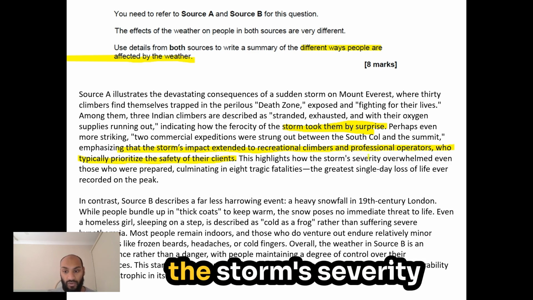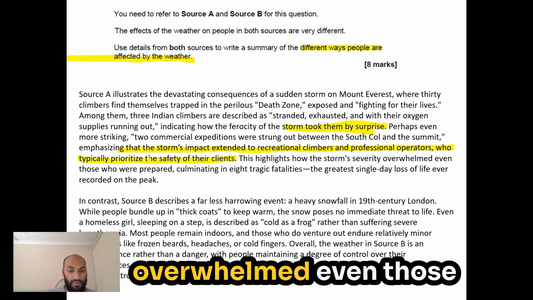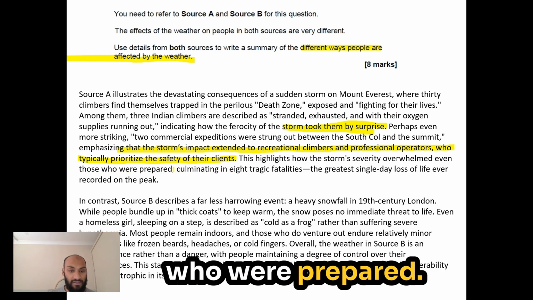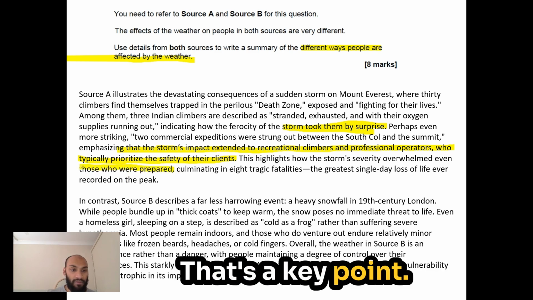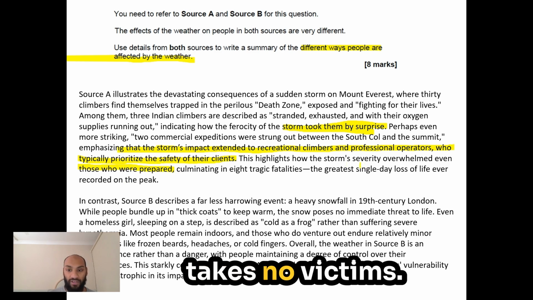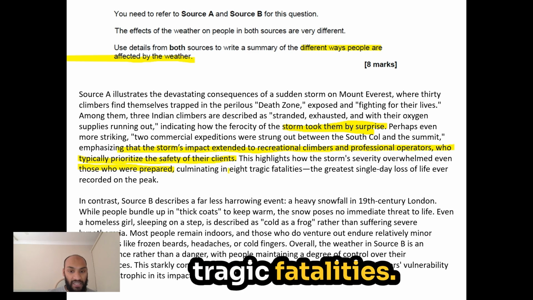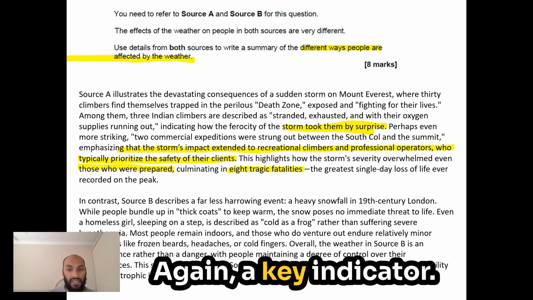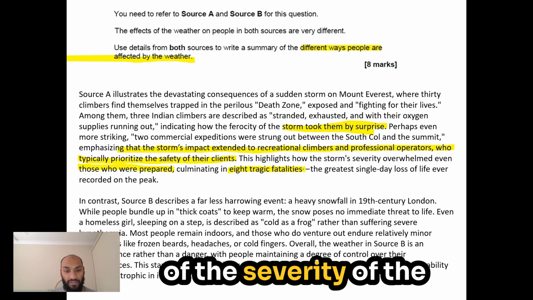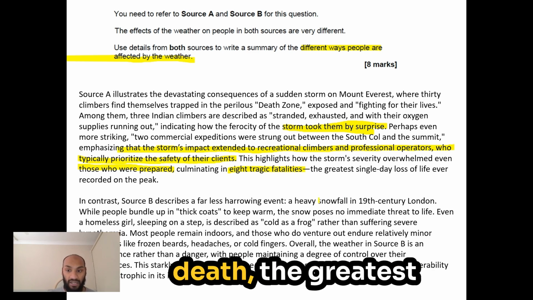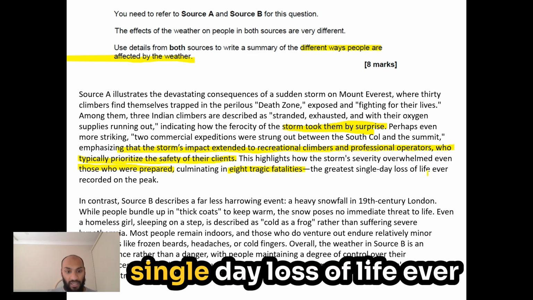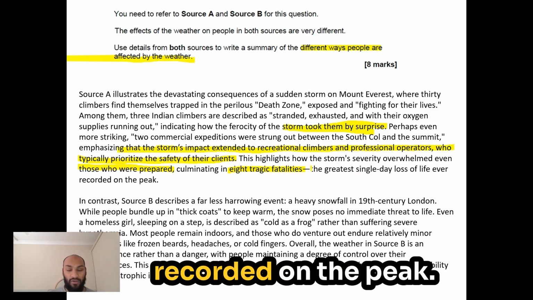This highlights how the storm's severity overwhelmed even those who were prepared. That's a key point. So this storm takes no victims, culminating in 8 tragic fatalities. Again, a key indicator of the severity of the storm as it's causing death, the greatest single day loss of life ever recorded on the peak.